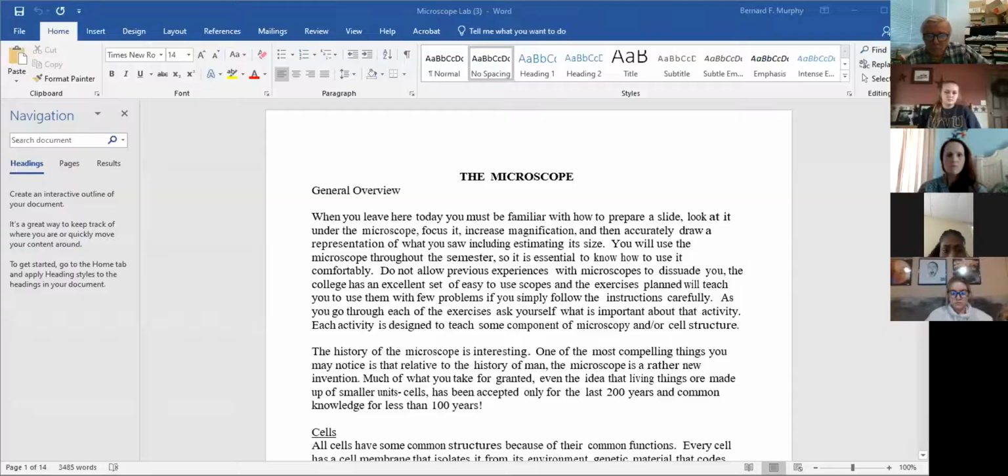I run through the PowerPoint by screen sharing. So I'm going to screen share now and show you the microscope document. You should be able to see it, right? Everybody can see it.